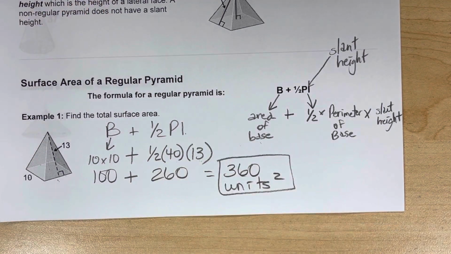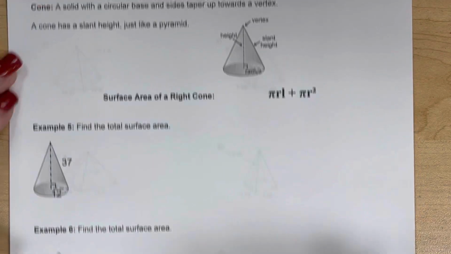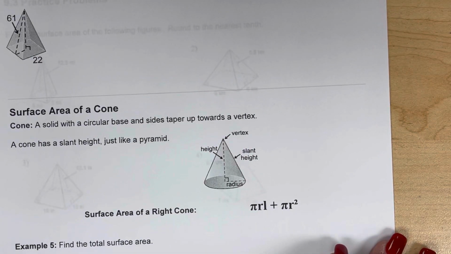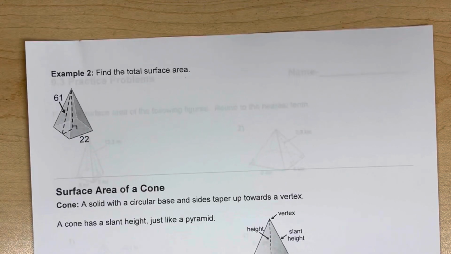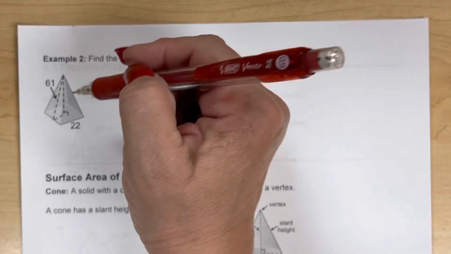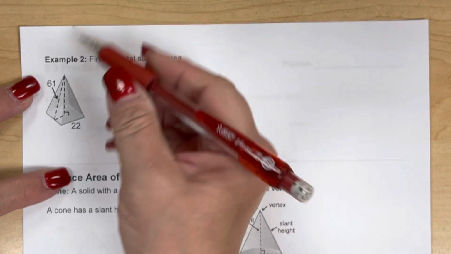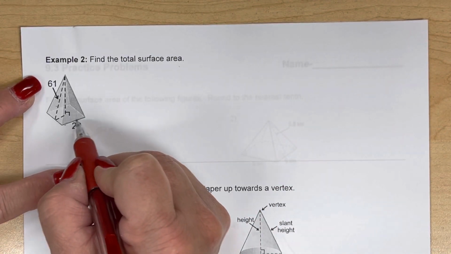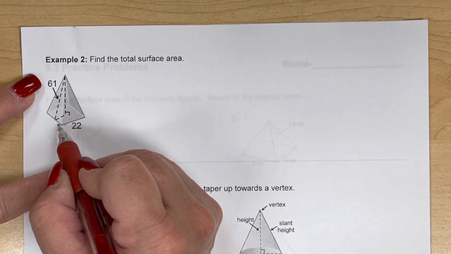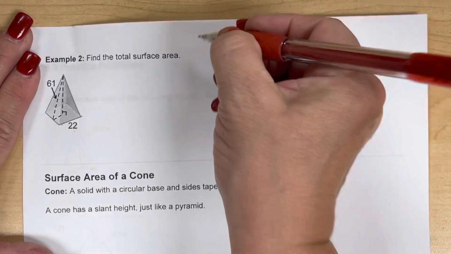So see, that's not hard at all. All right, let's look at the next one. This is going to be finding the total surface area, and this time they show both, but they're giving you the slanted height, okay? And then that 22, that's going to be that side. So when you look at this, you can tell that that's a square, okay? So your base is going to be a square.